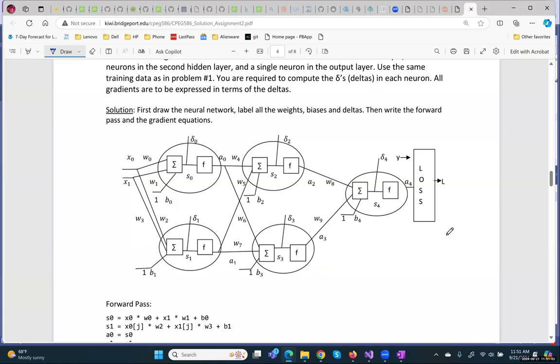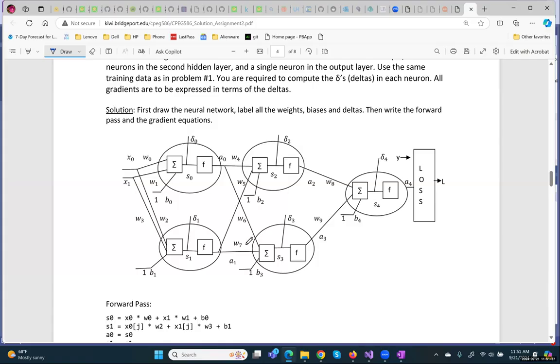What if I ask you partial L over partial W7? Partial L over partial W7 in terms of deltas. Delta 3 into W7, if we are going up to here, right? So this will be delta 3.